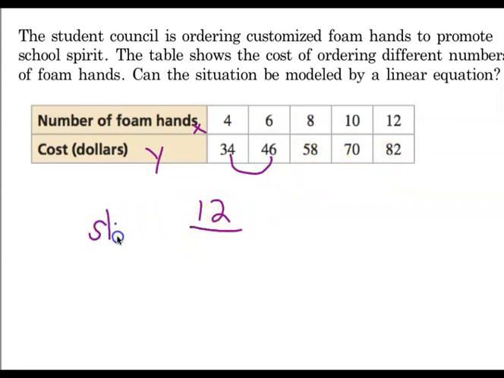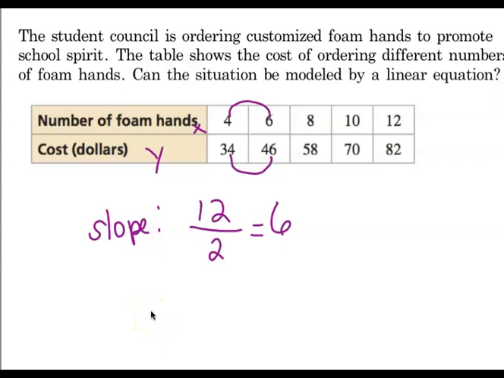So we're first finding the slope. So it's a change in 12, and from 4 to 6, it's over 2. So we can simplify, and in this case, the slope is 6, or it's $6 per hand, okay? Now, we know it's just not $6 per hand. There's something else there.